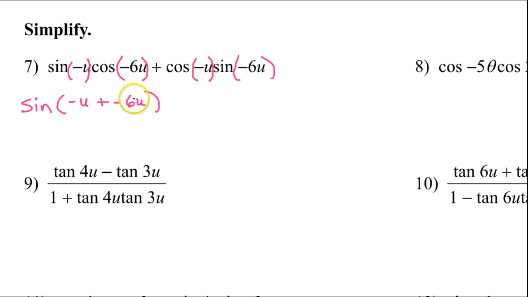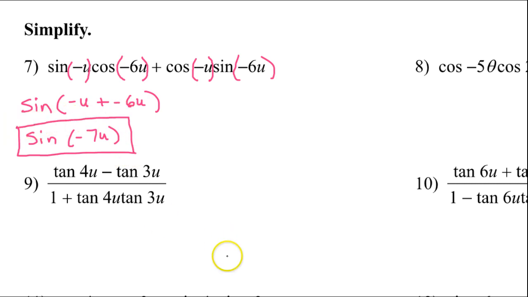And these are like terms, so we should be able to write this as sine of negative 7u. And that's it. We have simplified it. Alright, so we're really just working backwards.